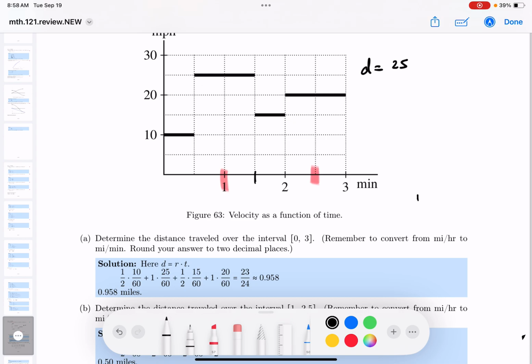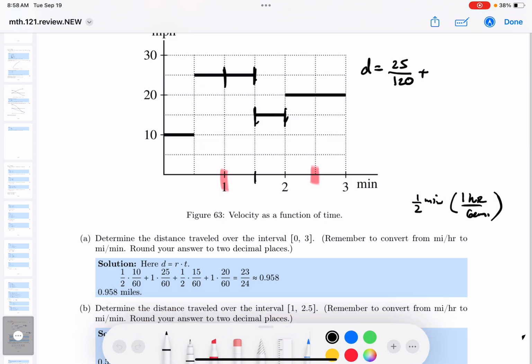Remember we did before, 1/2 minute times 1 hour over 60 minutes. That's going to be 1/120. Someone says, what did you just do? I went from here to here. Then I'm going to do from here to here.